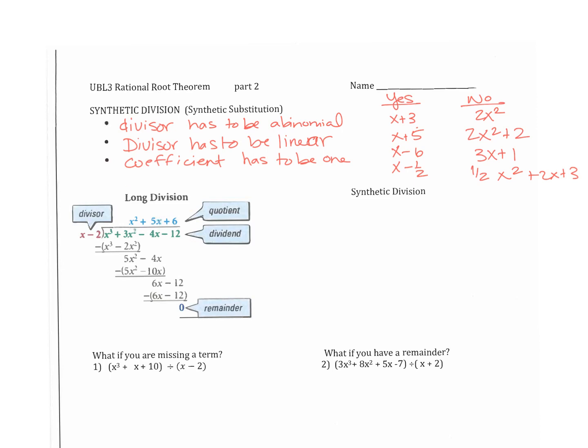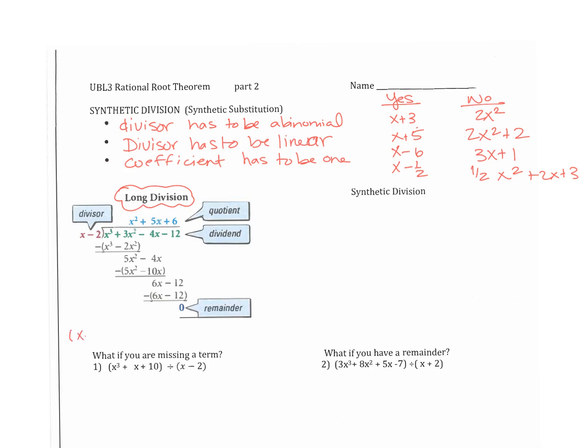Let's take a moment to look at this long division problem. We were working on those in class. It's the page 9 video if you haven't watched it. So our divisor was the x minus 2. The green polynomial was my dividend. That's what I'm trying to break down. And the blue quotient, that's my answer. That's my polynomial broken down.